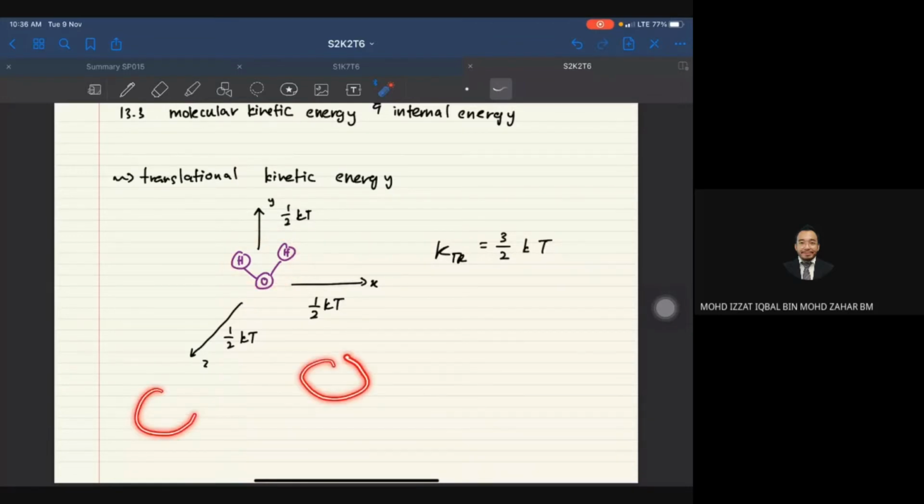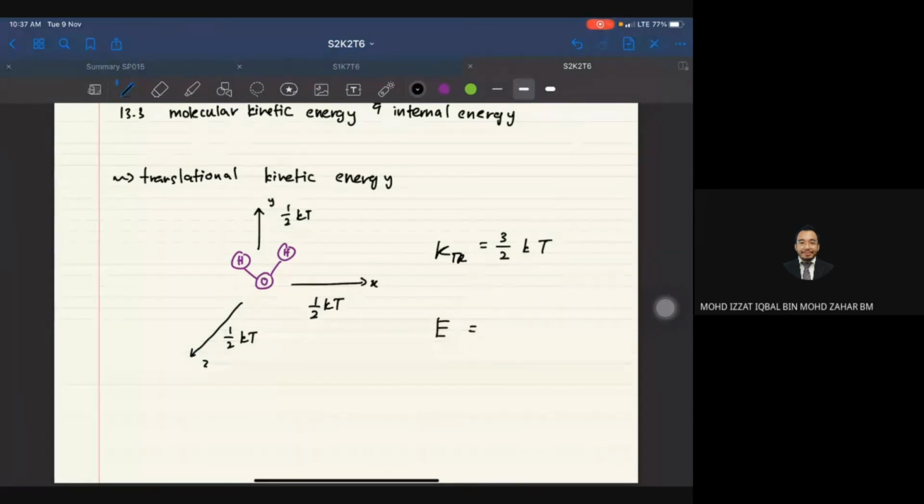Ada 1, ada 2, ada 3. So saya kena buat apa pula? Macam mana? Kamu rasa? Sir, boleh ulang Sir cakap apa tadi?